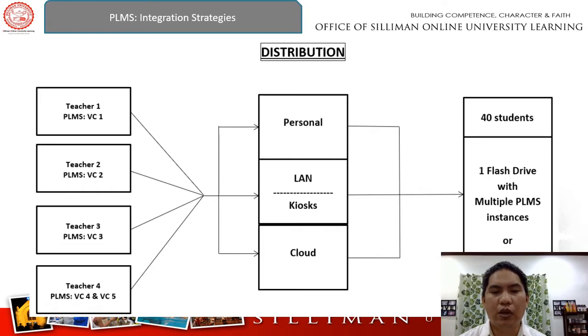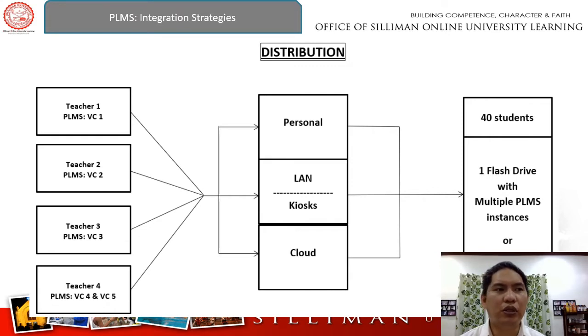So one is this USB drive could be given to the student manually or individually. Second, they can probably visit the school and go to the laboratory or some computer kiosk where they can actually download the PLMS copy, and then to the cloud where they can go to an internet cafe.